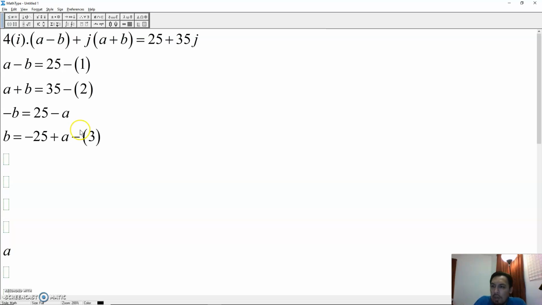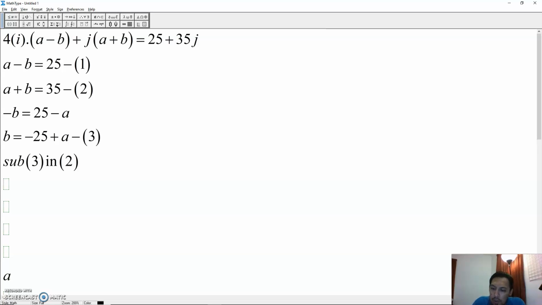Now let's substitute 3 into 2. You can also put it into 1, there is no problem there.